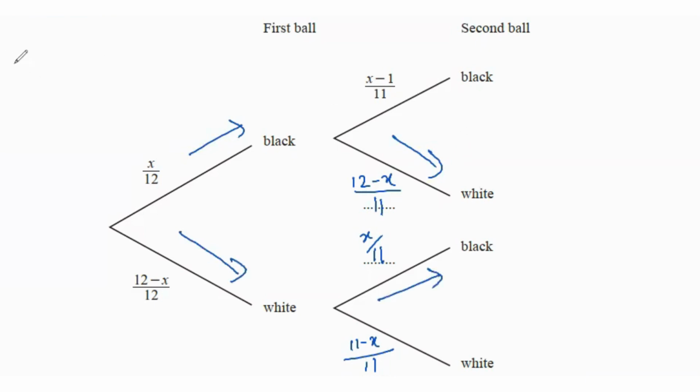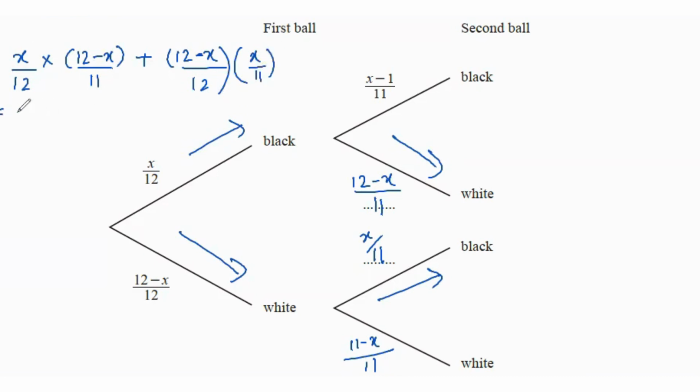So it's going to be x over 12 times 12 minus x over 11 plus 12 minus x over 12 times x over 11. So that's going to be 12x minus x squared over 132 plus 12x minus x squared over 132.